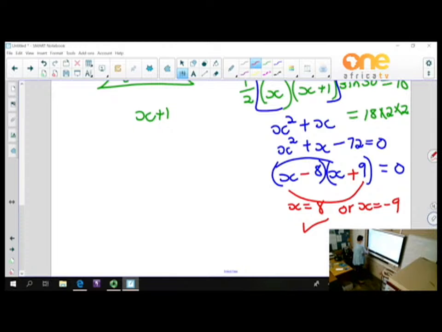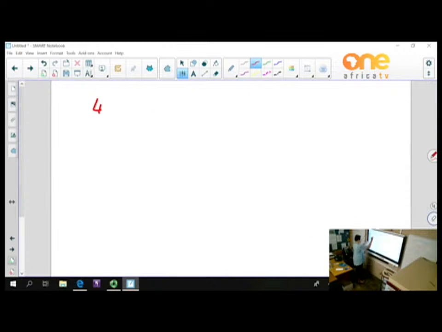Right, question 4. So we've got a parallelogram there. And this angle is 74 degrees. So they say the area is 100 square meters. Find the value of x.